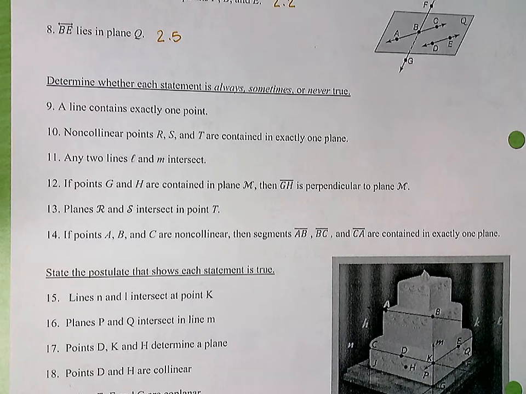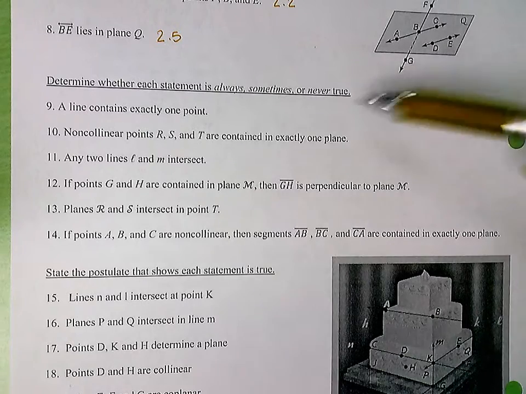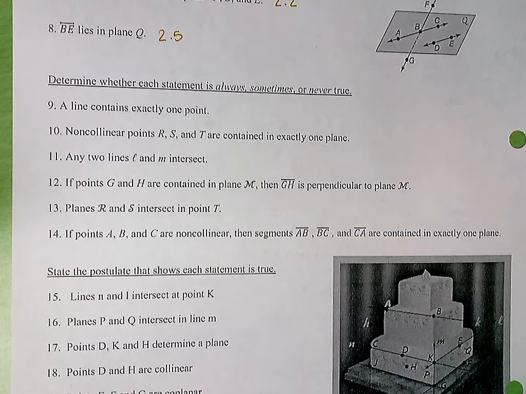If you can think of counterexamples, then it's not going to be always true. You can write S for sometimes, A for always, and N for never. So talk about these in your groups. If you need to draw a picture, draw a picture.